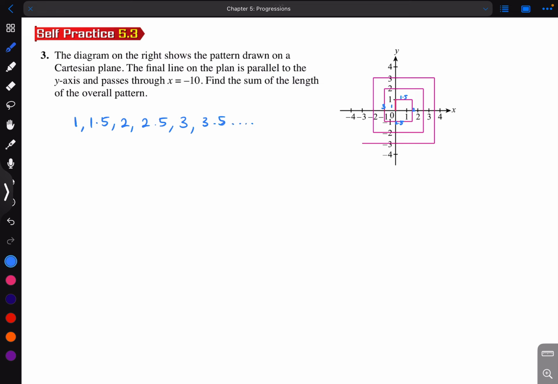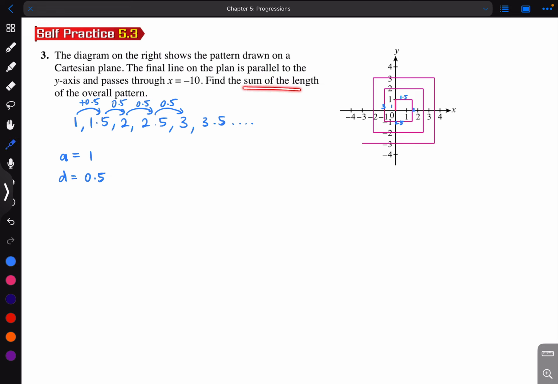So here we can say our a is 1, our d increases by 0.5 throughout. So we can say our d is positive 0.5.